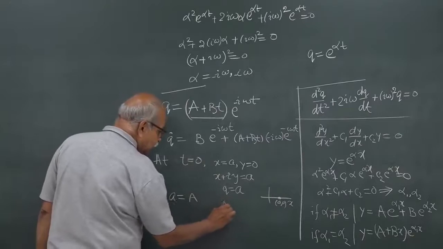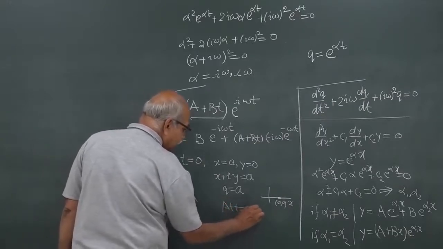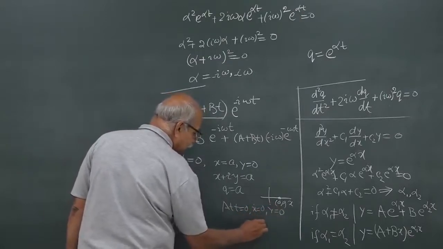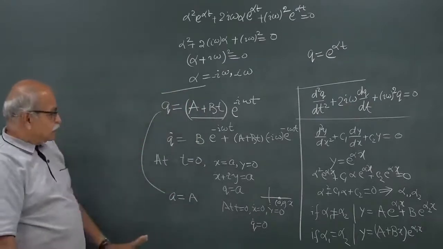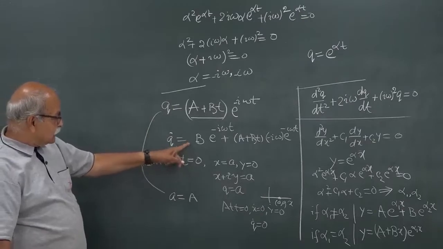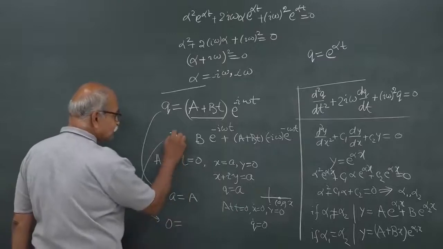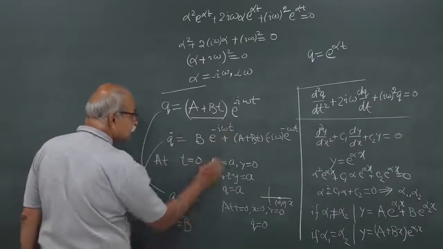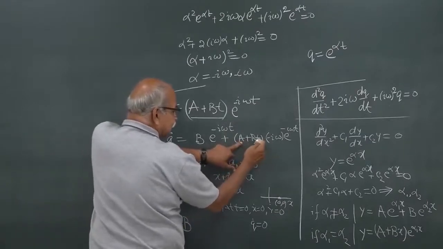Then what is q dot at t equal to 0? At t equal to 0, x dot is 0, y dot is 0, and therefore, q dot is 0, released from there. So, q dot is 0 and here is q dot, and at t equal to 0 this should be 0. So, this tells me that 0 is equal to B plus A plus Bt, this t is 0.